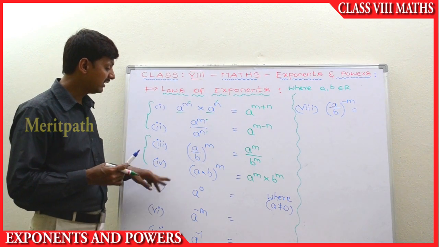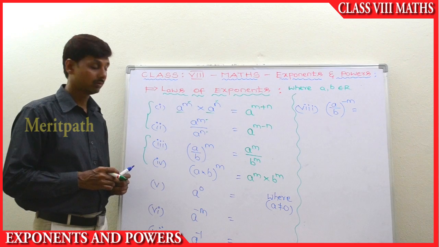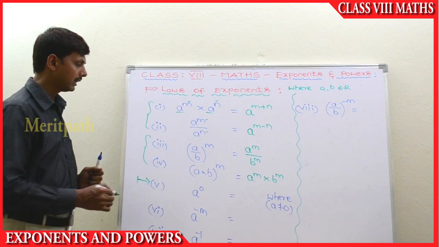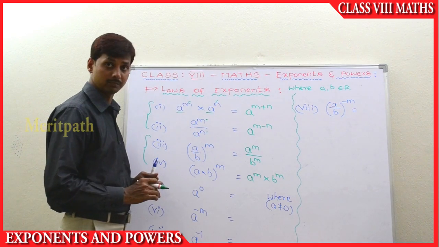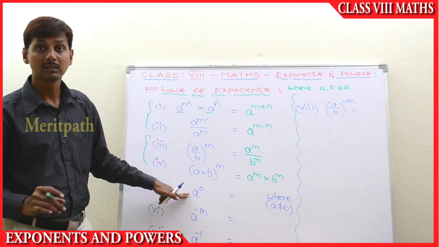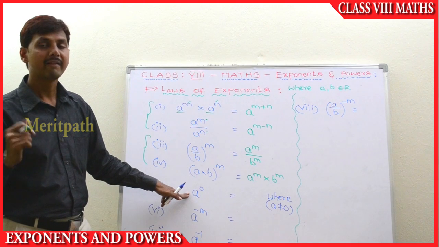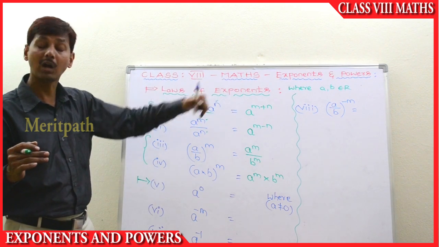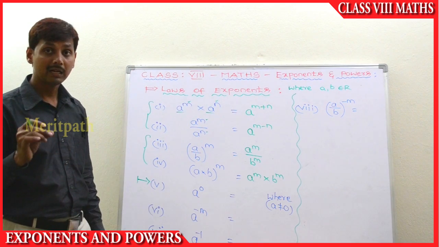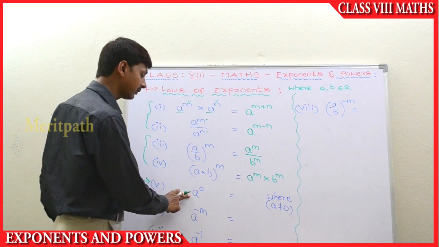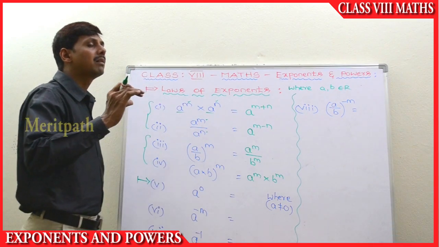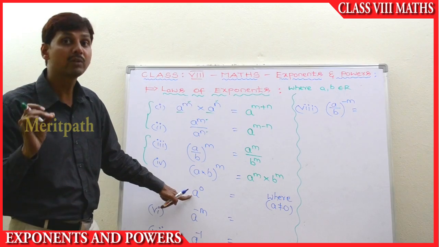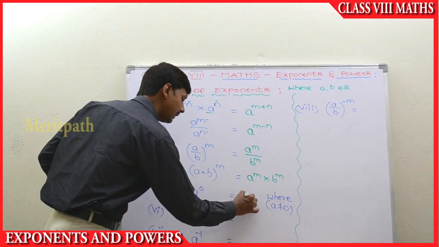And coming to a power 0, where a is not equal to 0, when the base is a non-zero real number, because we said a and b belong to R. So where a is not equal to 0, then any real number to the power of 0, except when the base is 0, the answer will be 1.